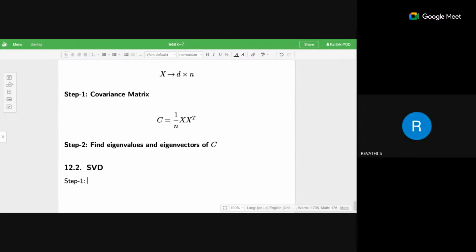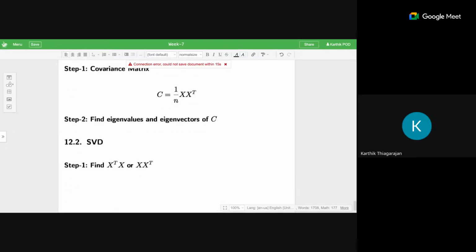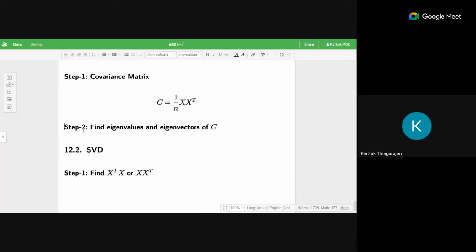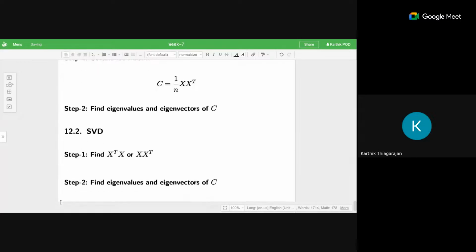Find eigenvalues and eigenvectors of X. But X need not be square, right? So the first step would be to find either X transpose X or XX transpose. Step 2 will be the same: find the eigenvalues and eigenvectors of, in this case, XX transpose.